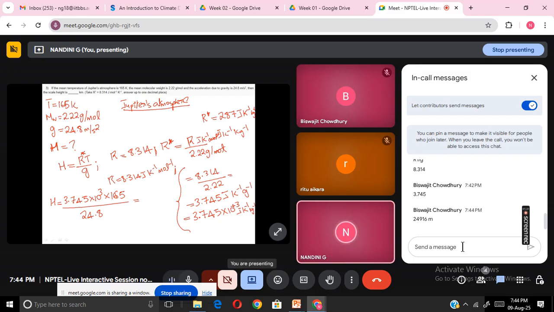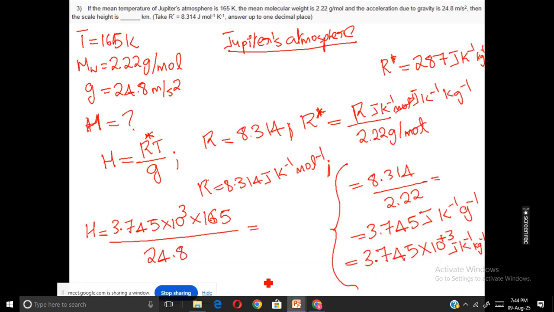Yes, 24,916 meter, or approximately 25 kilometers. The answer will be 25 kilometers.